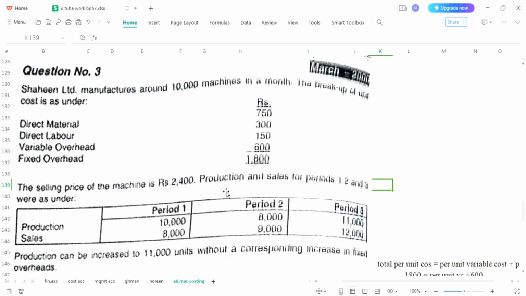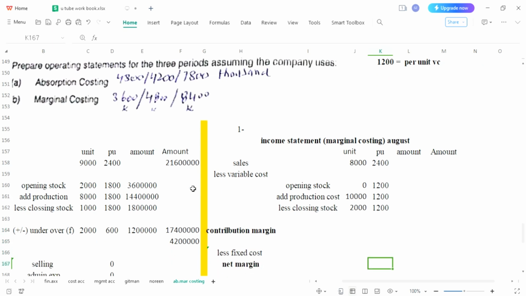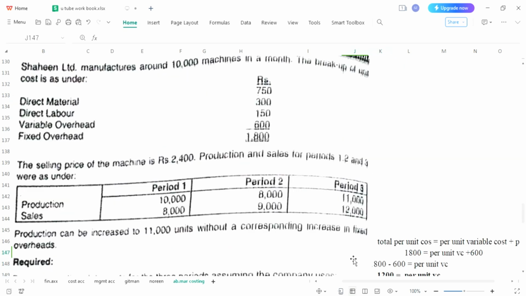Now go up and see sale price is 2400, put over here. In this way, everything related to sale and variable cost has been completed. Now for fixed cost, what will you do? Please note it down, fixed cost will remain fixed if you are producing 10,000 units, 8,000 or 11,000. It has been mentioned over here, production can be increased up to 11,000 units without corresponding increase in fixed overhead. You already have in your mind that fixed means fixed.